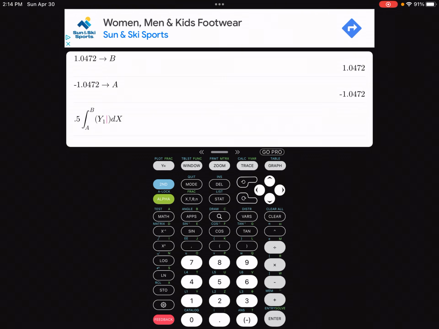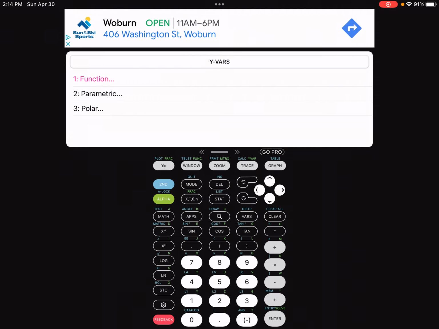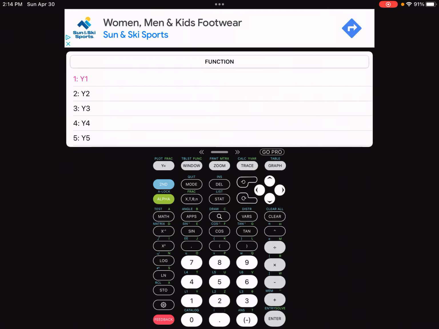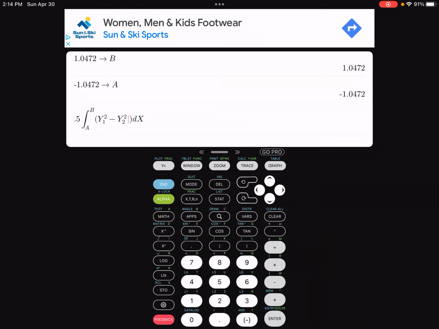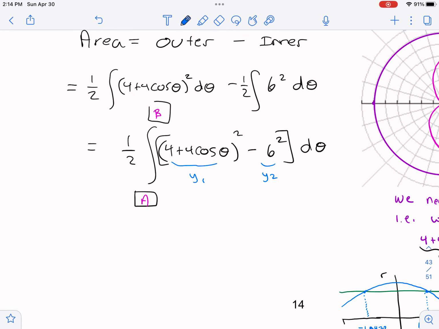You're getting 18.610 or 18.611. Both of those would be accepted on the AP exam. So it's not the formula that's that big a deal. It's usually just finding the limits of integration using your calculator.